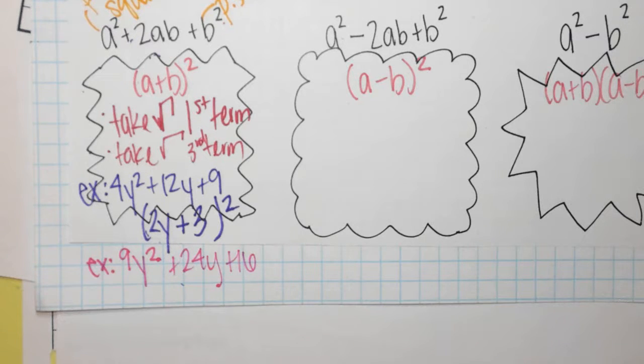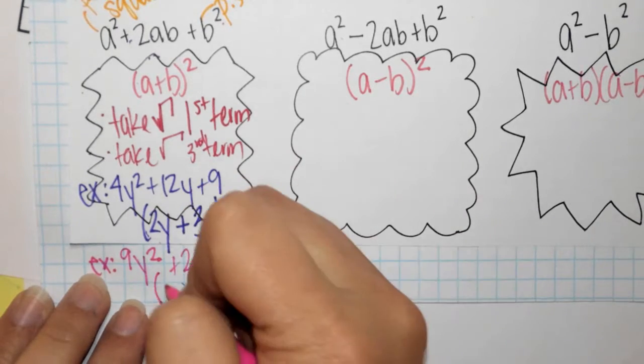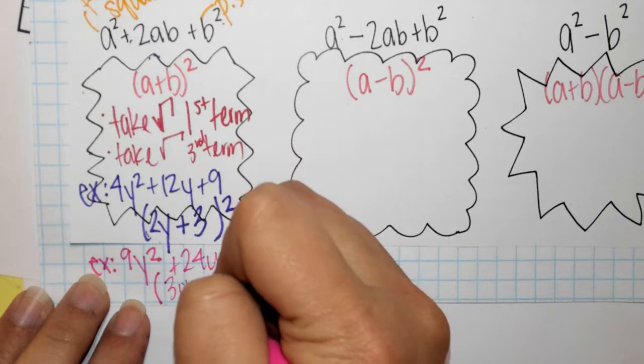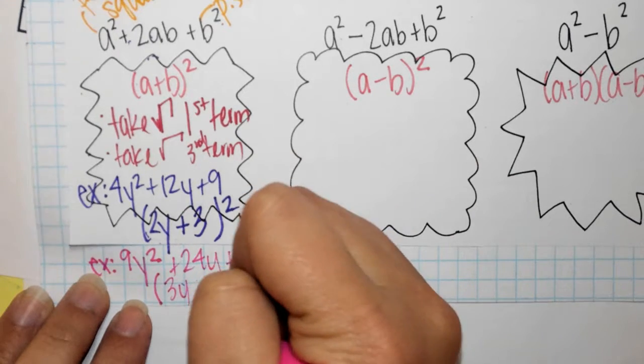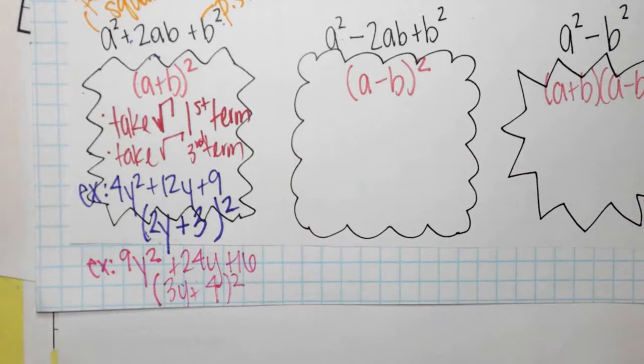It's easy. Are the first and third terms perfect squares? Okay, so what's the square root of 9y squared? 3y. What's the square root of 16? We're going to have pluses, and you slap a square root on it, and you're done.